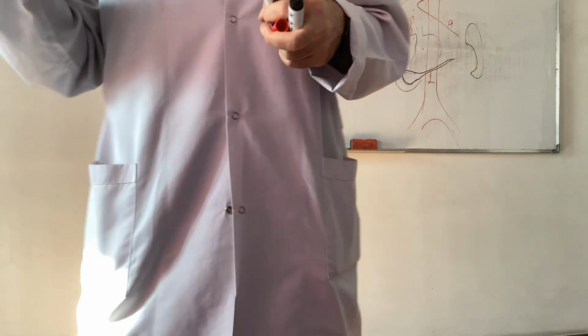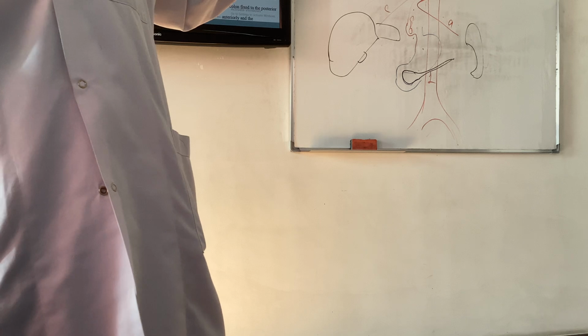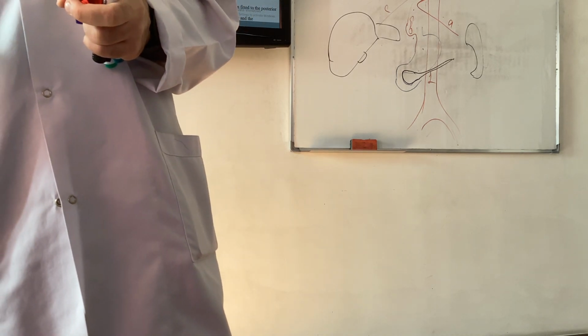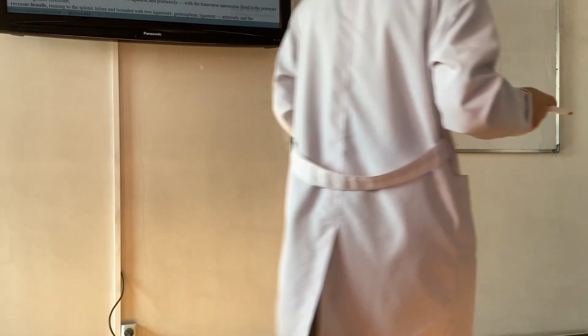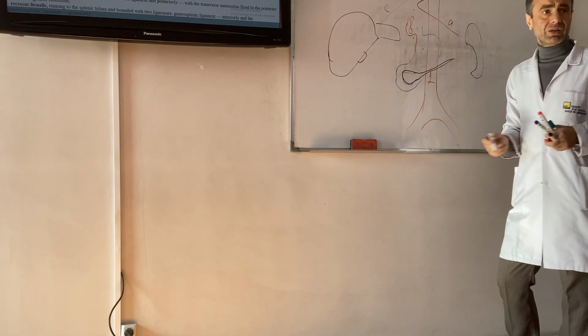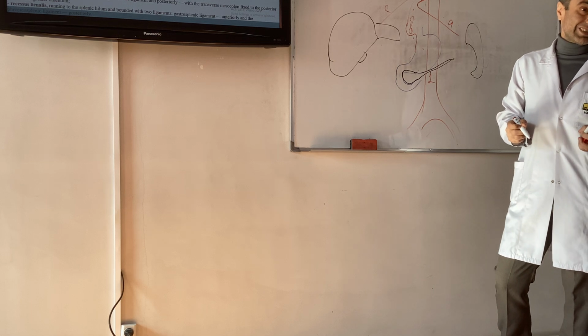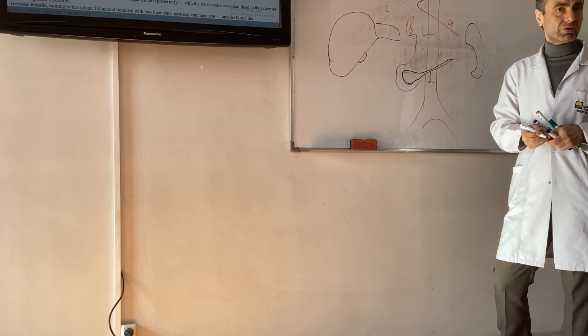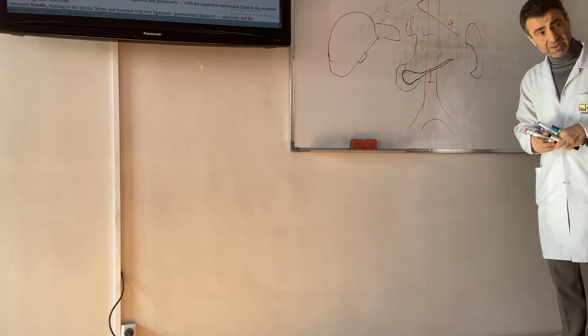Then it comes to the lesser curvature of the stomach, as I draw in the picture, and enters inside of the hepatogastric ligament. So finally, it is directed in the lesser curvature by the hepatogastric ligament, and it reaches approximately the midpoint of the lesser curvature. Is it understandable for you?